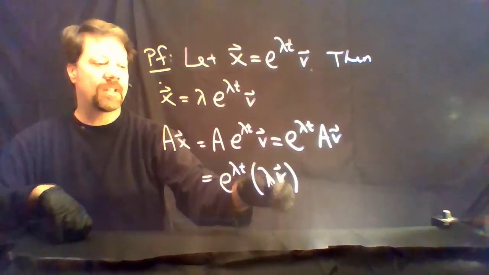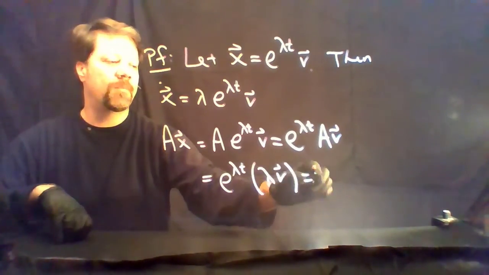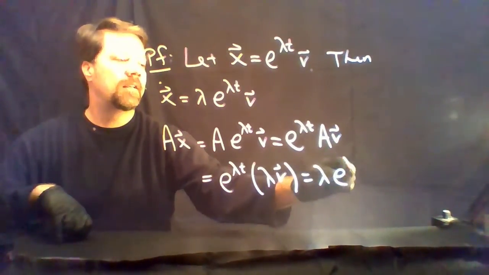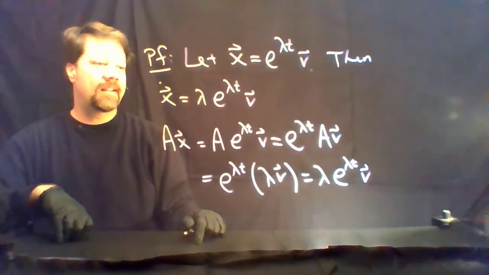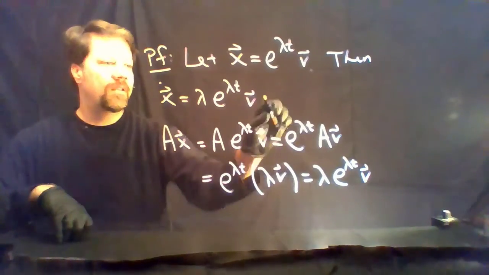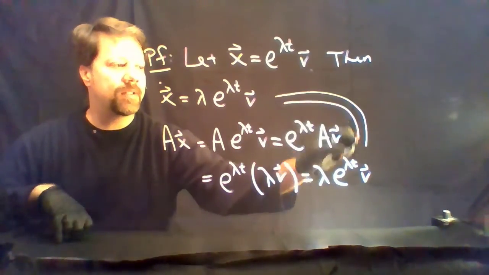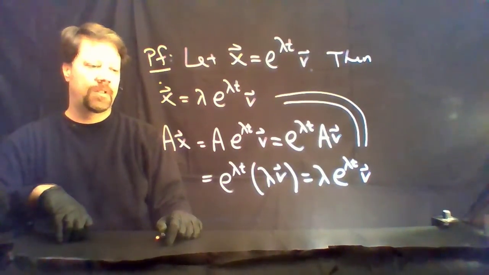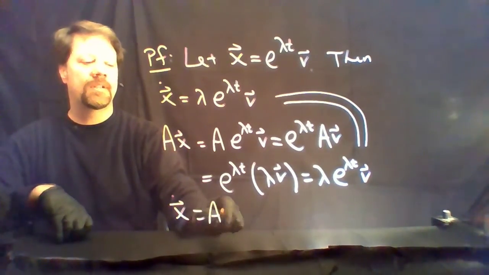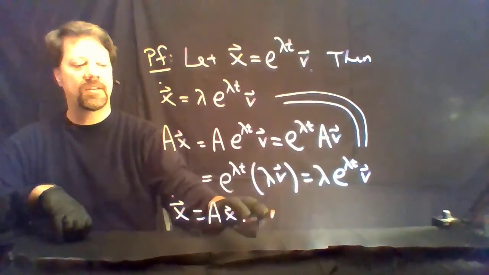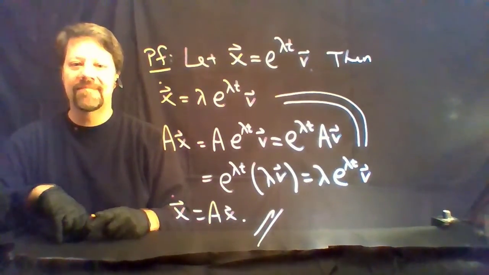And of course, since lambda is a scalar, it commutes with everything. And I can rewrite this as lambda e to the lambda t v. You can see now that these two quantities are equal, which tells us then that x dot equals Ax, and hence the proof is over.